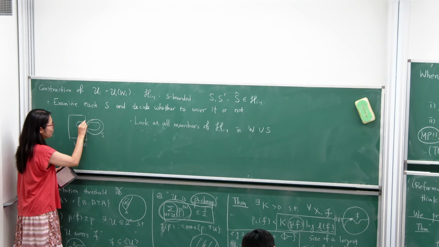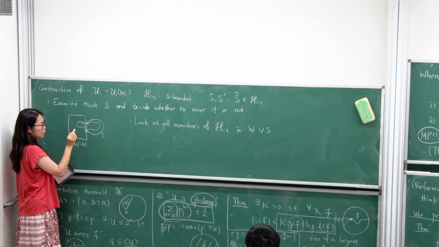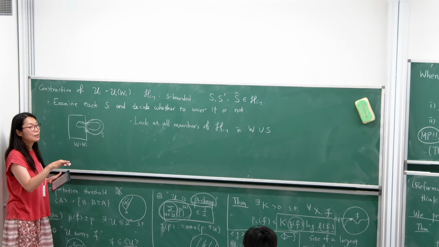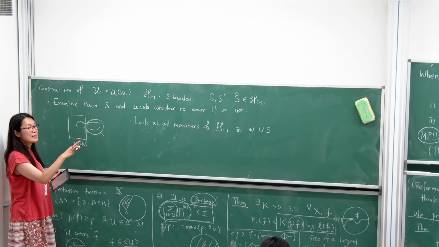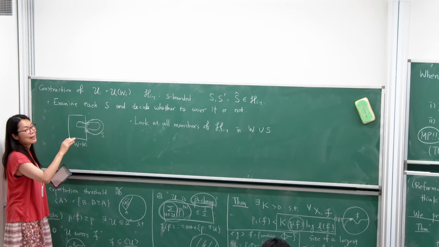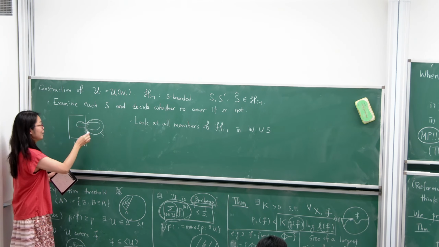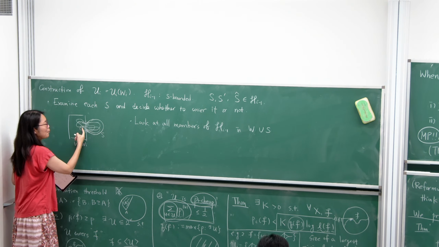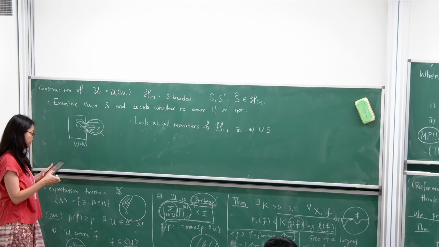In other words, among all of the subsets of W union S, we look at the elements in H_{i-1}. So maybe it looks like this. So those are the members of the current hypergraph.